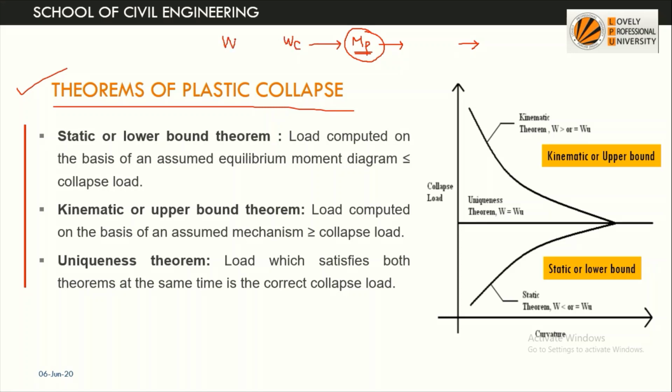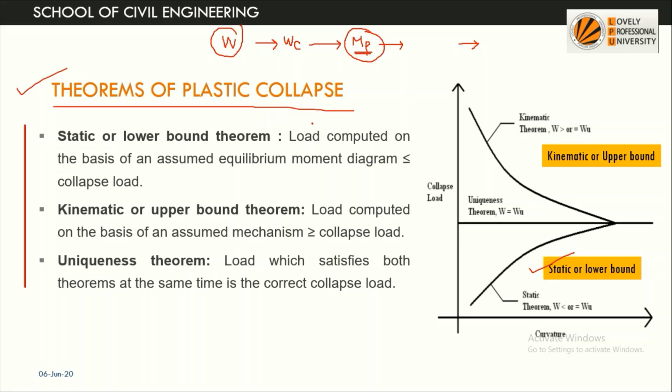Now suppose the load that is applied is less than the collapse load, we will refer to it as the static or lower bound. Whenever the value is less than the collapse load, we'll consider the lower boundary or lower bound or static theorem.